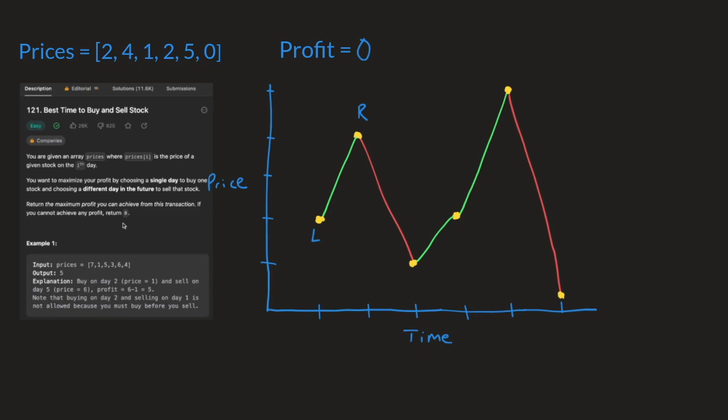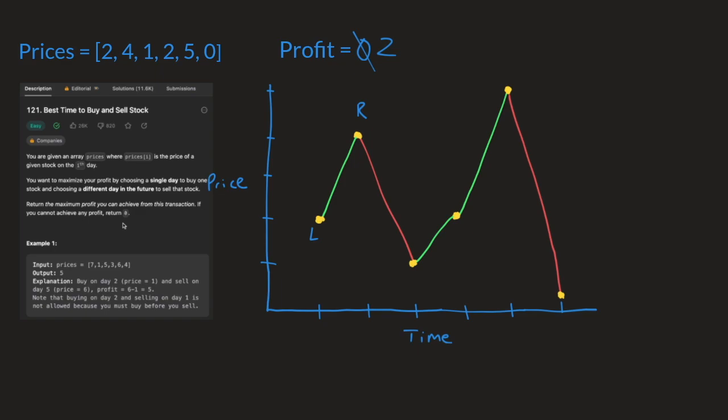Then we check, is the right value minus the left value greater than or equal to the profit? The right value is 4, and the left is at a value of 2. So 4 minus 2 is 2, and therefore we have a new profit of 2.